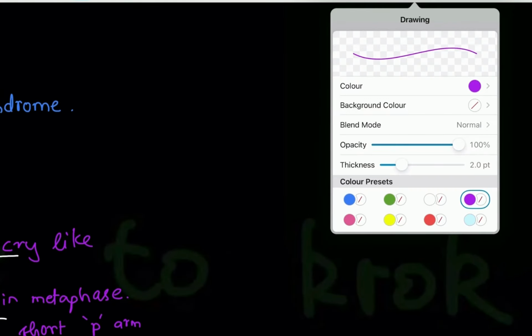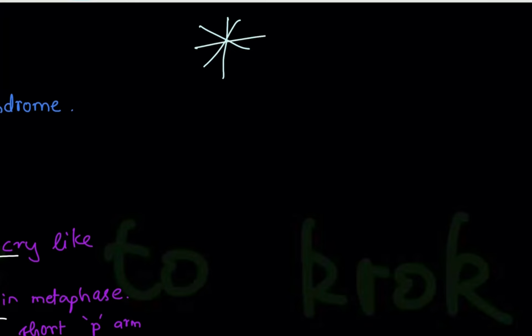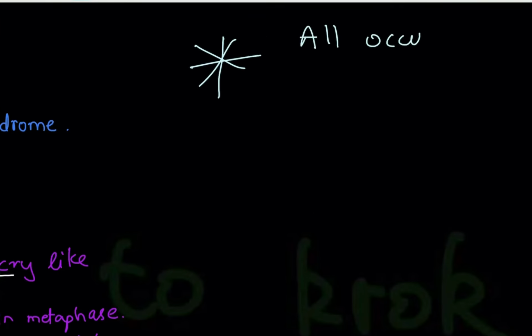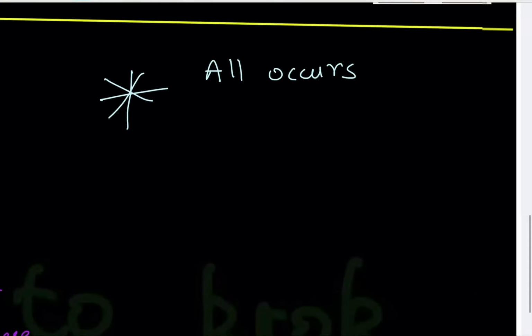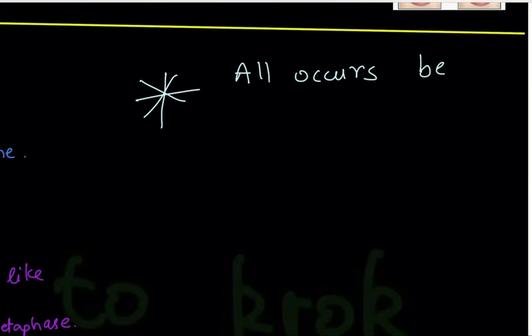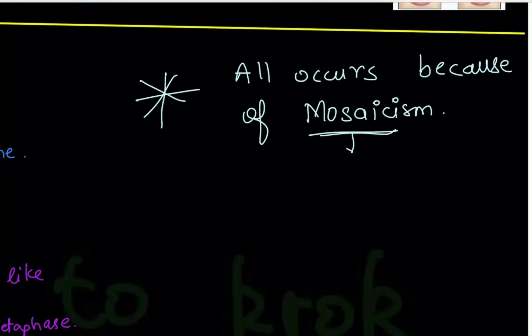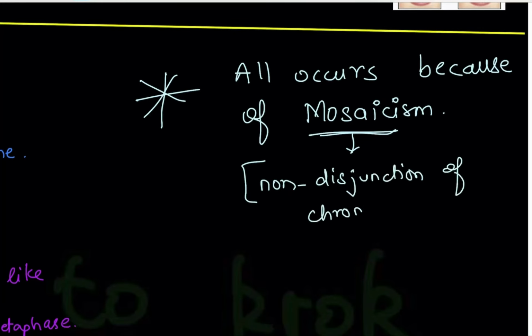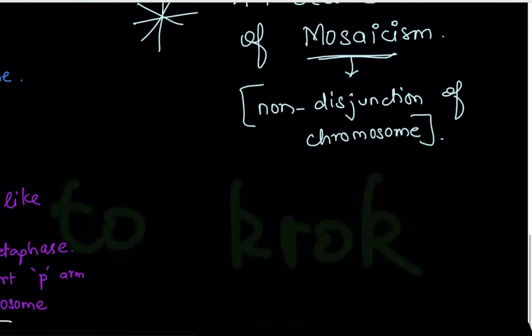Now you have to write one important point regarding these chromosomal abnormalities. So write down, all of these chromosomal abnormalities that we have studied till now occur because of mosaicism. Now mosaicism means they all occur because of non-disjunction of chromosomes. If the chromosome is not separated, then you may get these chromosomal abnormalities, and this feature is called mosaicism.